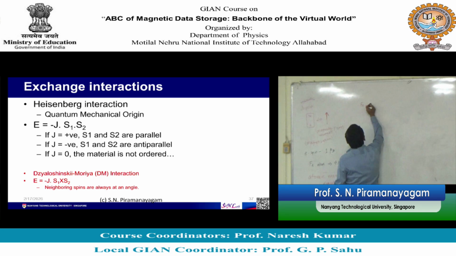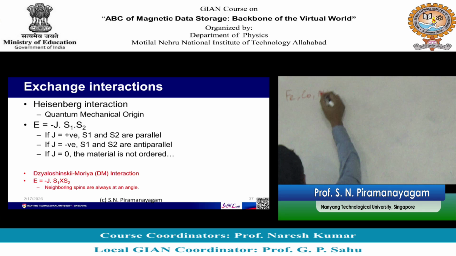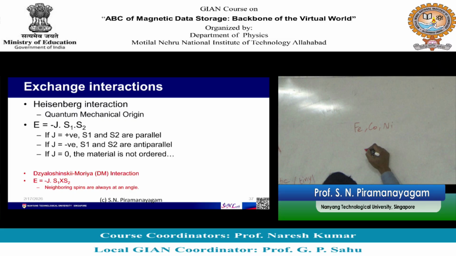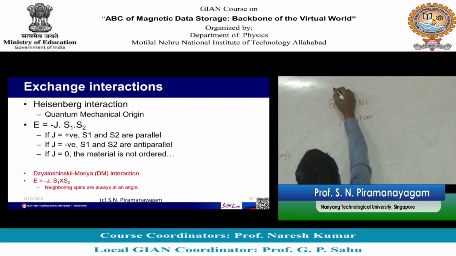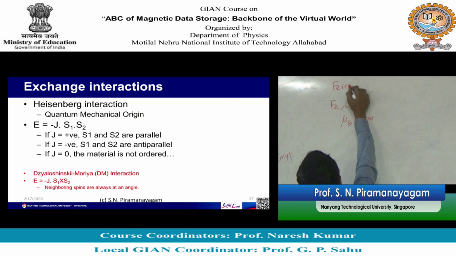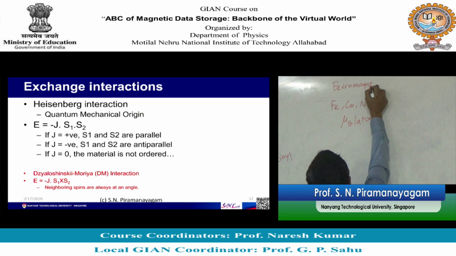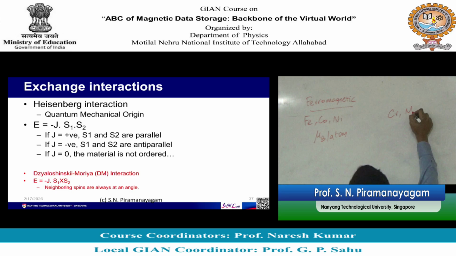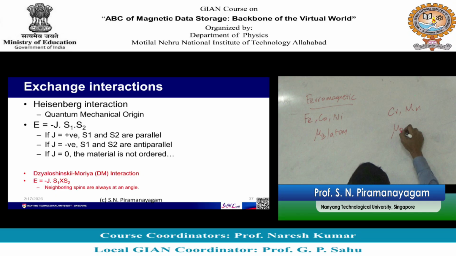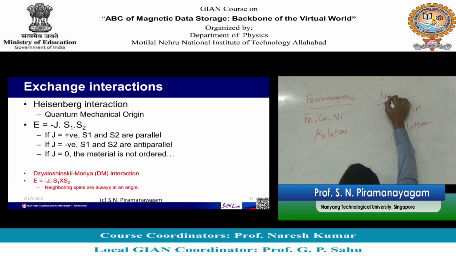One case we have iron, cobalt, nickel, they have certain magnetic moment per atom and they are ferromagnetic, we know that. On the other hand, chromium, manganese, they also have certain value of Bohr magneton per atom, but they are not magnetic.